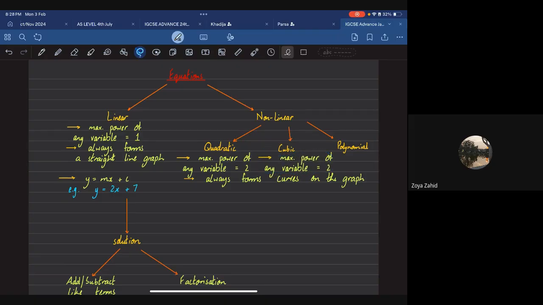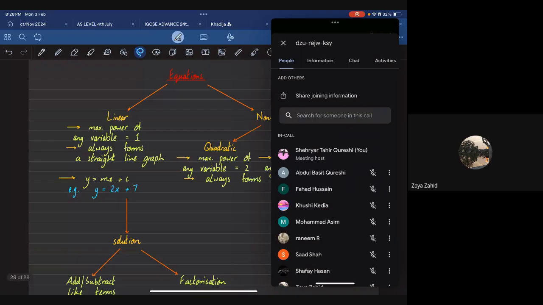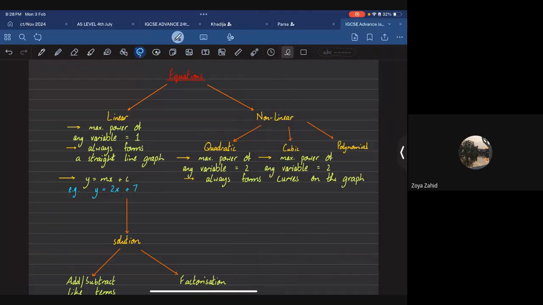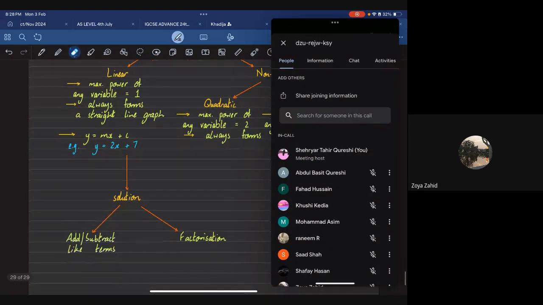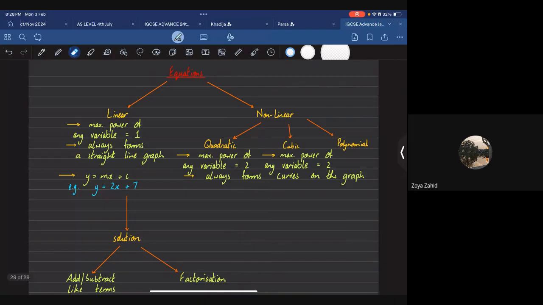Yes, Fahad, any idea? Fahad, are you there? Fahad was in class. I don't know why he cannot hear me. Yes, people, what is the difference between a quadratic and a cubic equation, for example? Someone's got their hand up.